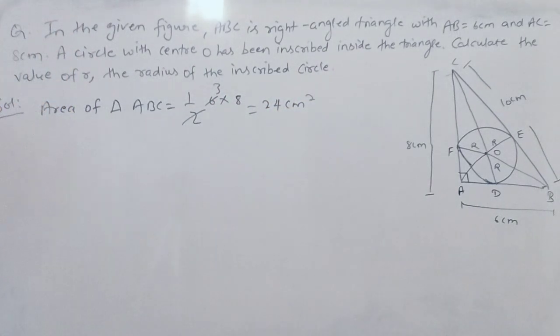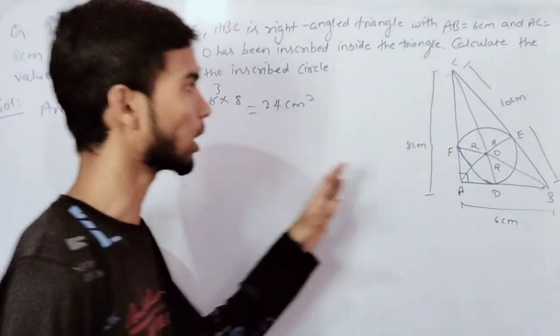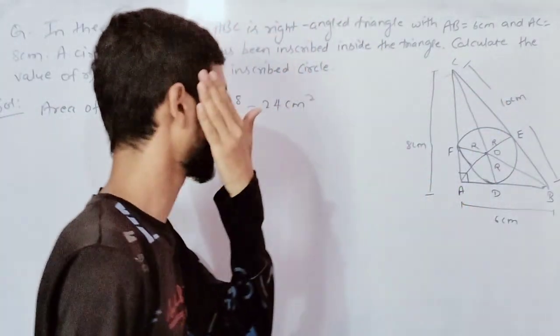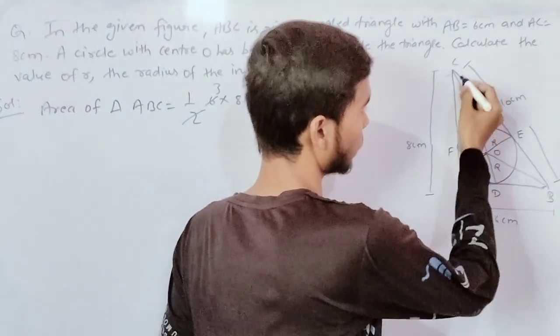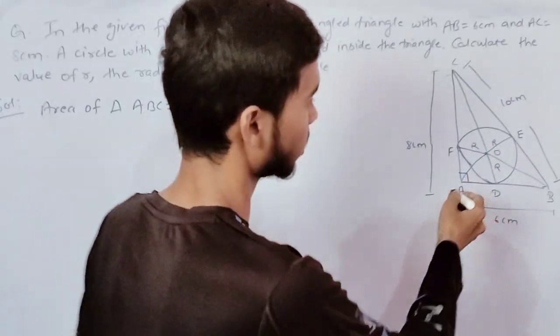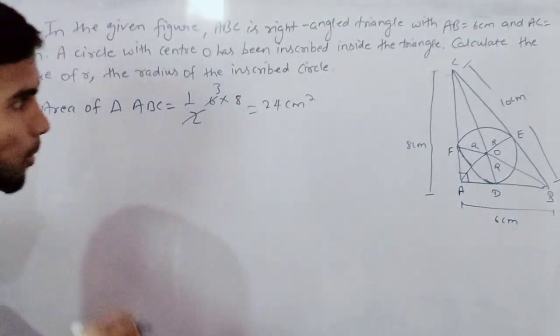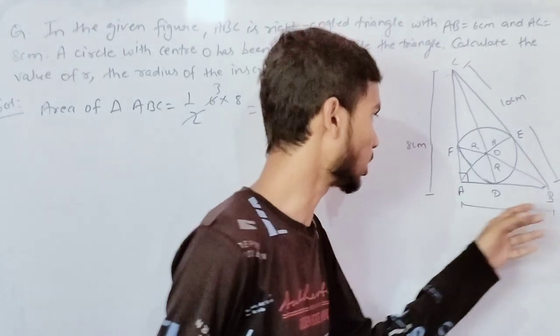Isn't it? So this is the area of this whole triangle. Now we will take one triangle, this one, and this one another. So first let's start from AOB.